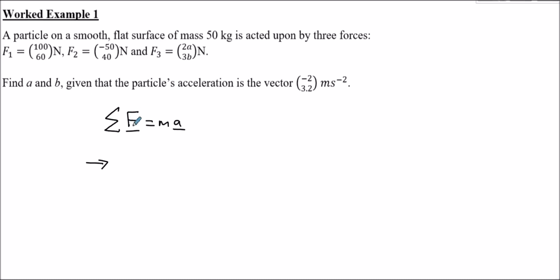If we add together these forces, we've got 100 plus 60, and then plus (-50, 40), and then F3 is (2a, 3b).